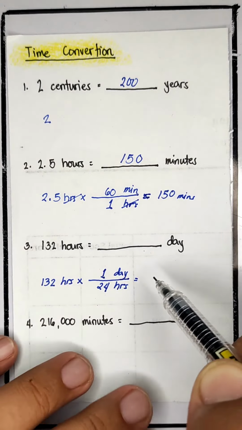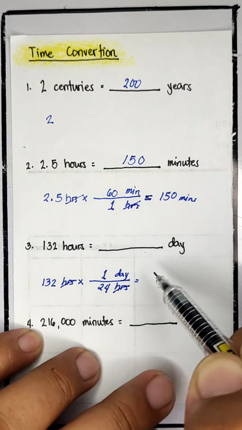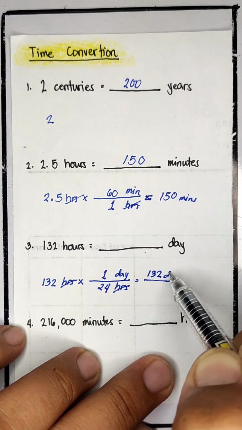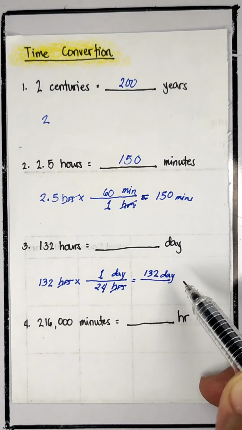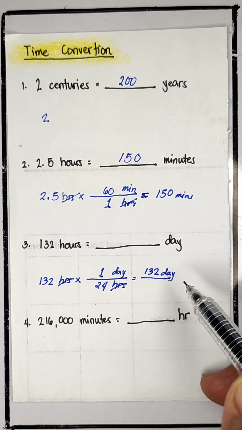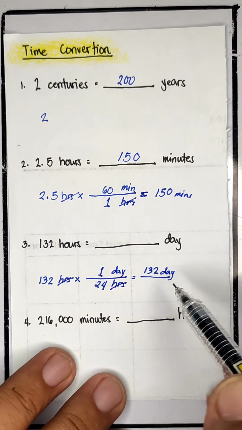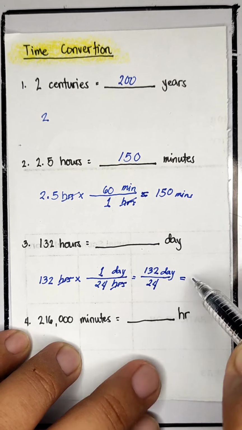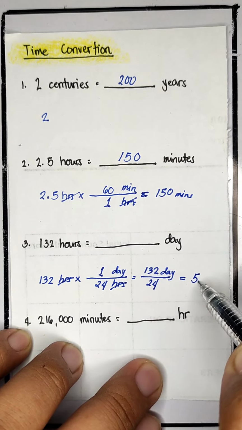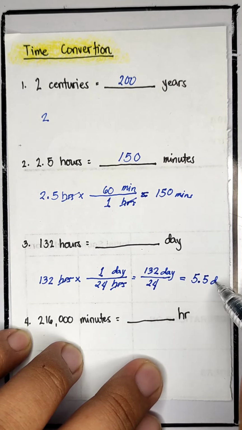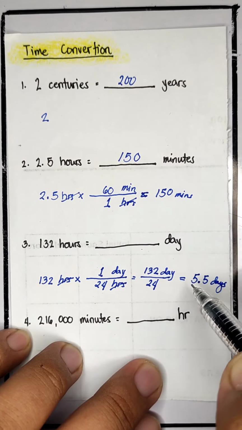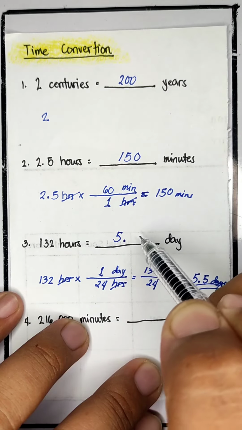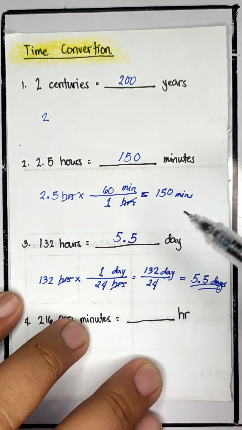Then 132 divided by 24. The answer is 5.5 days.